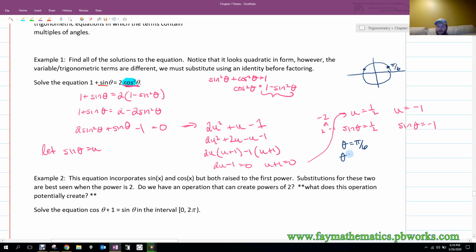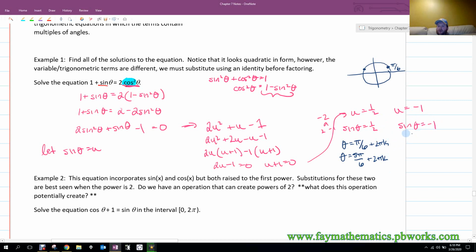So that is 5 pi over 6. Now this question doesn't talk about it, but if we wanted the infinite number of solutions, we would then obviously add 2 pi k to that, and 2 pi k, where k is an integer.